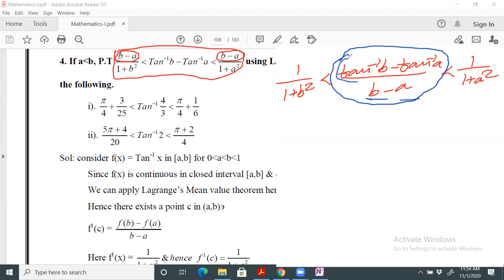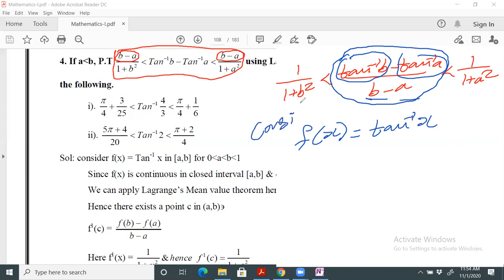If I take tan inverse b as f of b and tan inverse a as f of a, then f of a is tan inverse a and f of b is tan inverse b. That is, where a was, I put b, and now in place of b, put x. So f of x is equal to tan inverse x. So consider f of x equals tan inverse x. That one we have to consider.